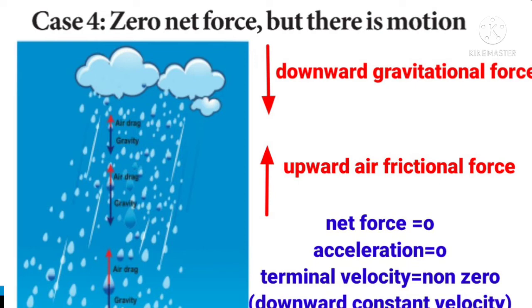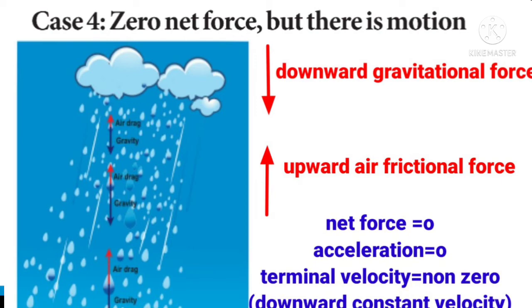So when this net force becomes zero, the acceleration will become zero. But it will have the constant velocity. That constant velocity is said to be the terminal velocity.